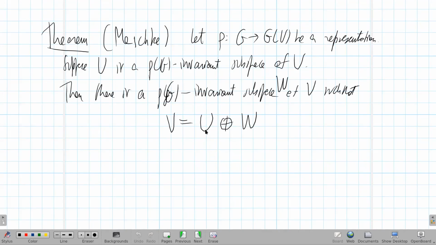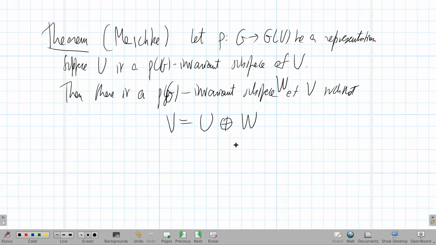Of course, you know that this result holds for plain vector spaces. I mean, if you have a vector space and a subspace, there is always a complementary subspace. But here we are saying more, because if you have a rho G invariant subspace, then you have a rho G invariant complement, okay?